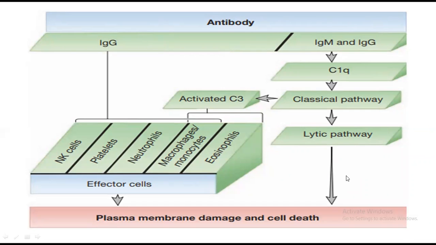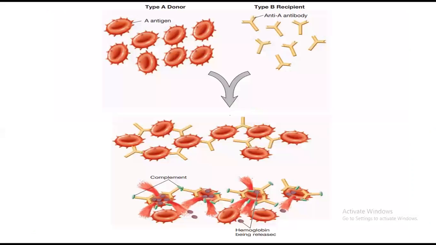It will start killing its own RBCs, and it can also start killing its own host cells, such as normal skin cells or other types of cells. Just because of this exaggerated immune response, it is known as hypersensitivity type 2 reaction.